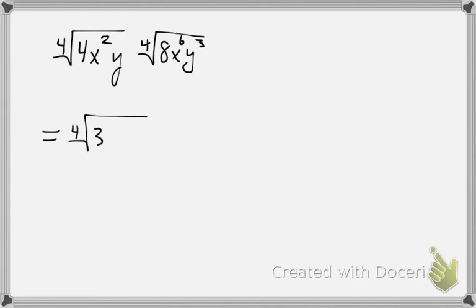Fourth root of 32 x to the 8th y to the 4th. You guys agree? 32. We just broke that one down, didn't we? It's 2, 2, 2, 2, and 2.